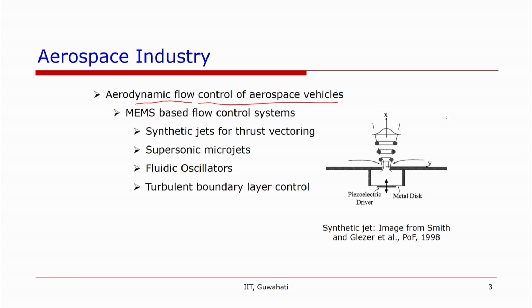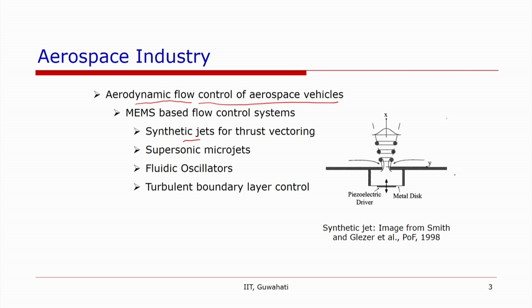So these involve sensors, actuators, or thrusting devices, and these applications are generally based on MEMS. MEMS, as you would know, stands for micro electromechanical systems. So the mechanical and electronic systems which are working at the micron size are called MEMS. Some of those devices are, say, synthetic jet for thrust vectoring.